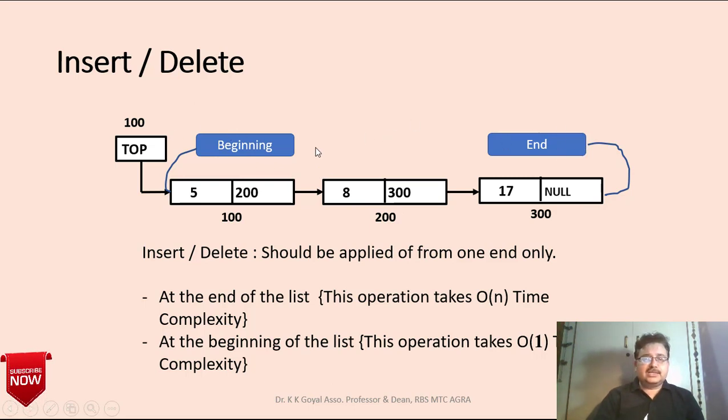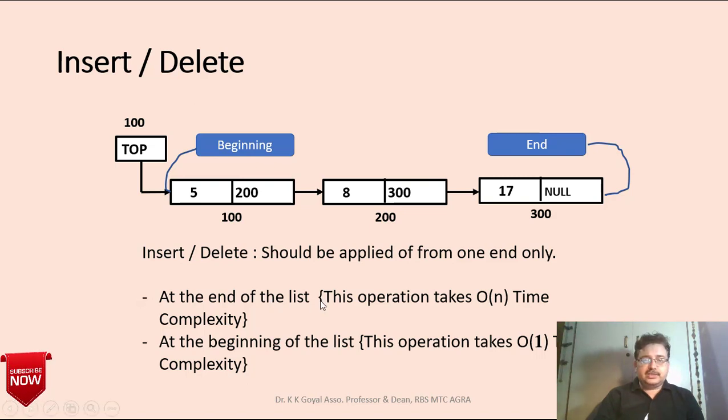As we have already discussed, insertion in a single linked list can be done in three ways: in the beginning, in the end, or in between two nodes. Similarly, deletion can also be performed from the beginning or from the end. If we apply insertion or deletion from only one end, then we can say this linked list is behaving as a stack.